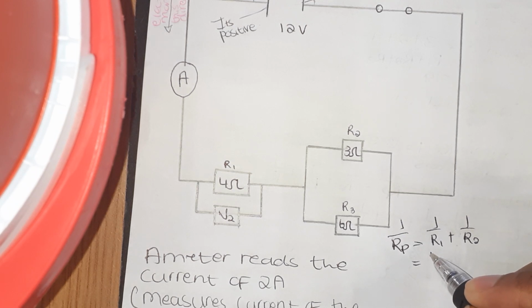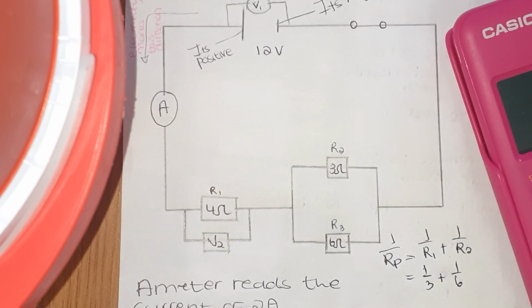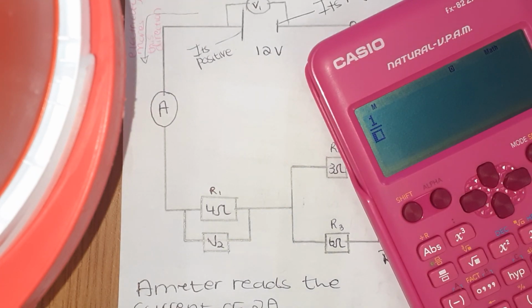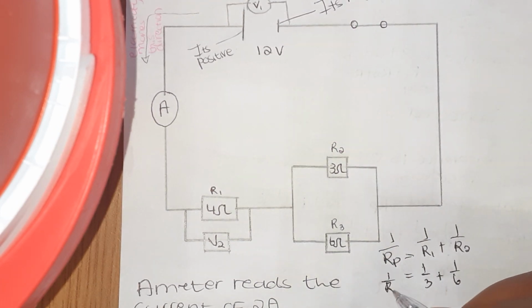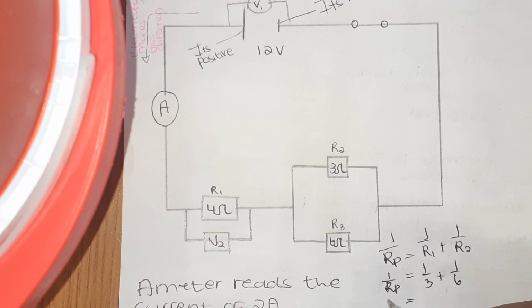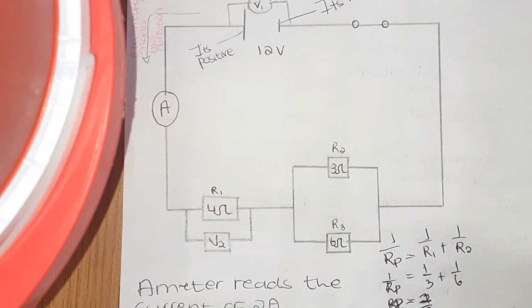1 over 3 plus 1 over 6. That's 1 over 2. So remember, when you get to the answer for Rp, the answer first will be 1 over 2, and then we'll change this answer to 2 over 1.